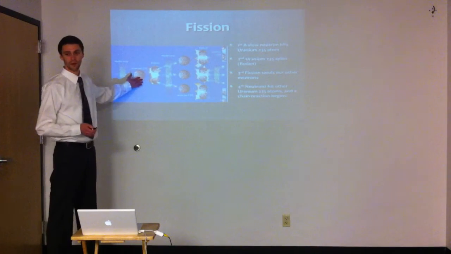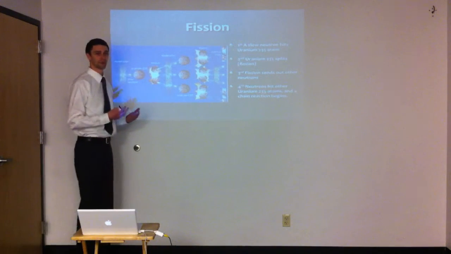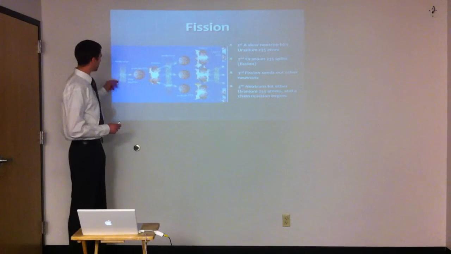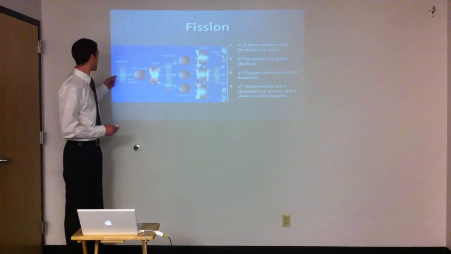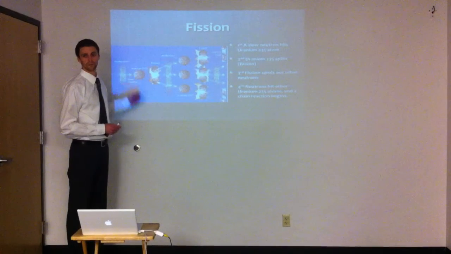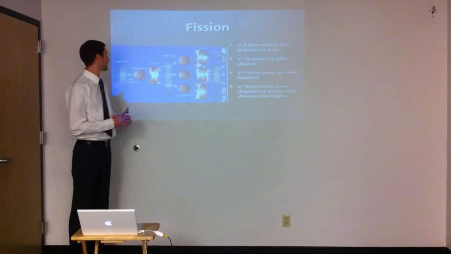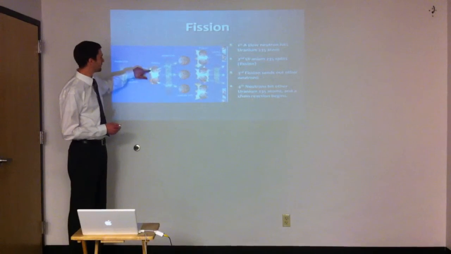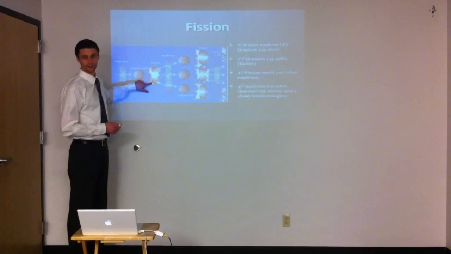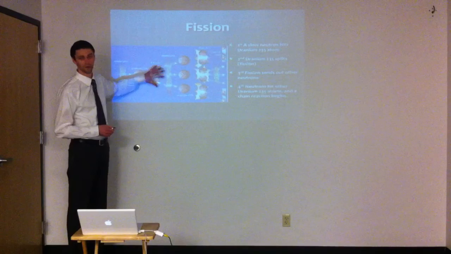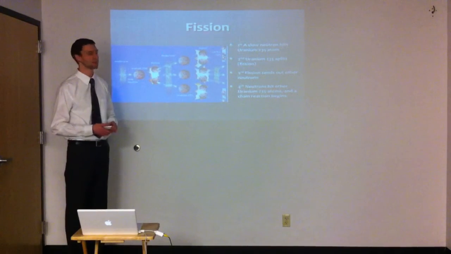With uranium-235, what happens in this nuclear reaction is that we send a neutron at this uranium atom. When it hits the uranium atom, the atom splits apart, and energy is released in the form of heat. Also, more neutrons fly off of these atoms.